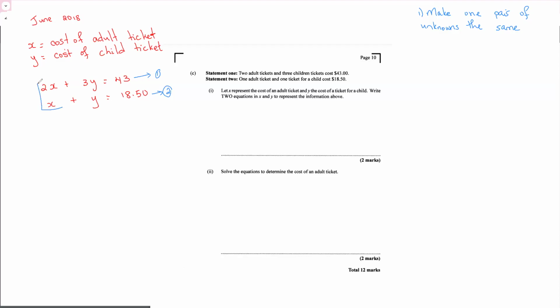Right? So either make the x's the same or the y's the same, it doesn't matter. So make one pair of the unknowns the same.